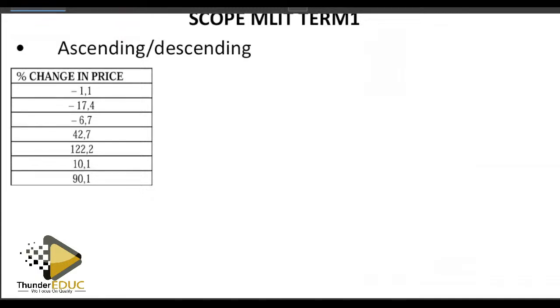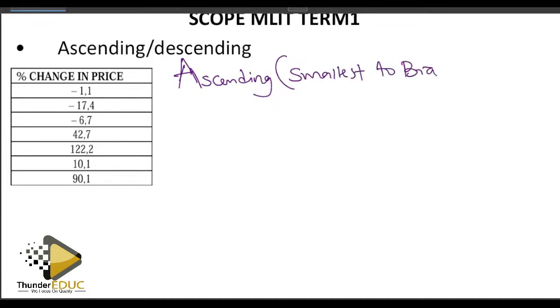As you see the word ascending, it's from ascend, A. In alphabets, you know it very well that you start with A as we go on. So simply meaning, ascending, you're going to arrange from the smallest to the biggest.